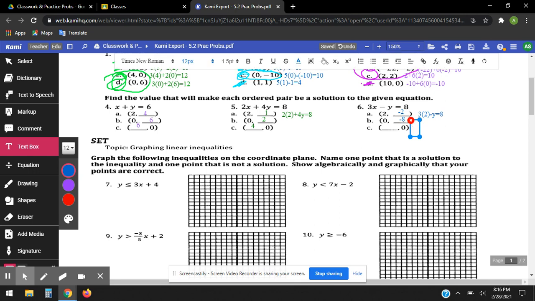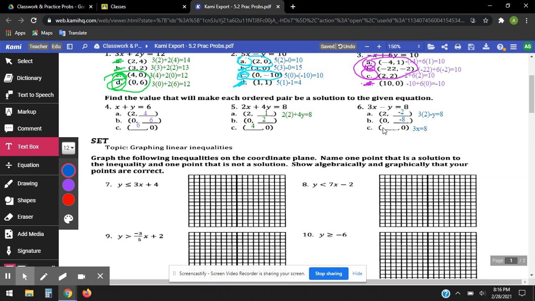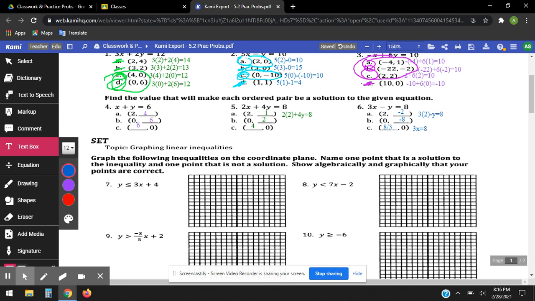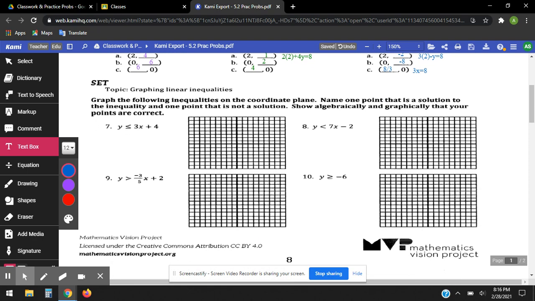I'm going to go ahead and type it over here. 3x equals 8, because we know this is a minus 0, so that's out of there. I would have to actually divide both sides by 3, which would give me 8 over 3. So we'll just go ahead and keep it as the fraction, because that way we don't worry about decimals and rounding, because that 1/3 or 2/3 would be repetitive. All right, so there we go.